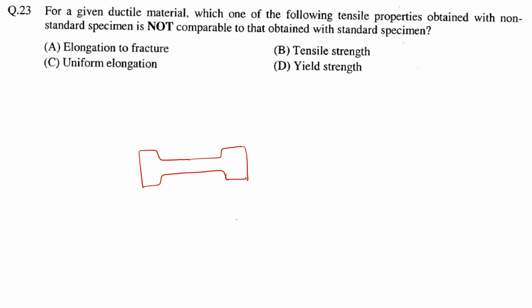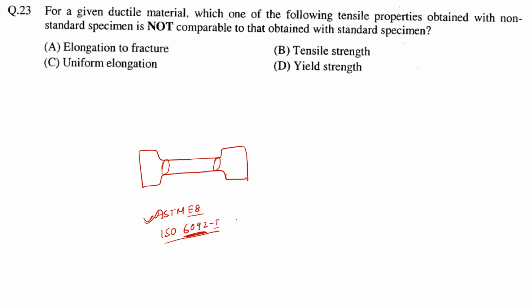There are various ASTM standards or international standards, like ASTM E8, or ISO 6892 part 1. I think it is 6892 only, but I will have to check. Now suppose this is a cylindrical sample.